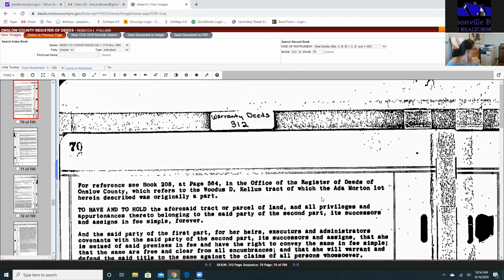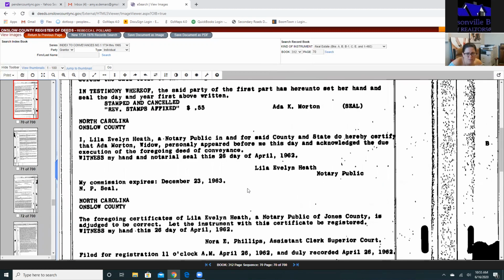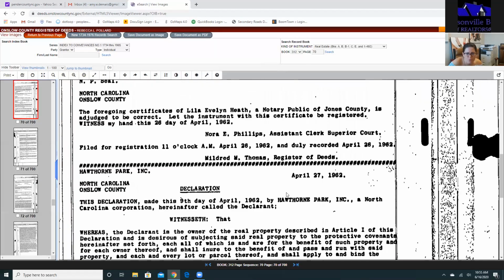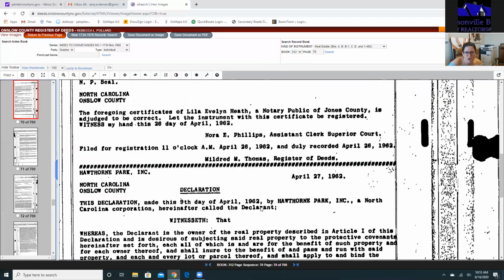So now we're looking for restrictive covenants for another subdivision, but when I clicked on this that was on the deed, 31270, I'm like, what is this? What you're looking for starts halfway down the page. So here starts the declaration. So make sure that you're not on the wrong page.